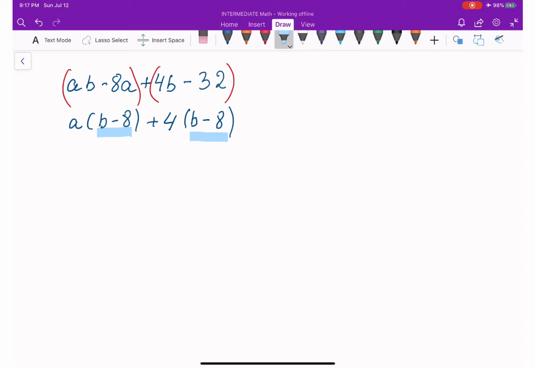Therefore, we are taking out B minus 8, and what we have left from the first term is A, right? From the second term, we have left 4, and we are done.